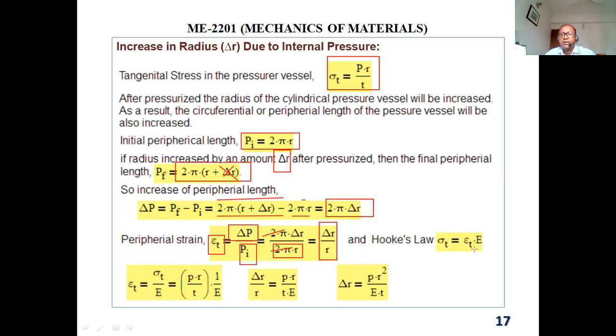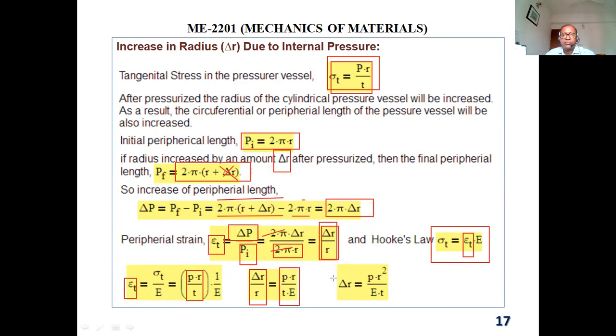Now you apply Hooke's law: sigma T equals epsilon T into E. Now epsilon T equals sigma T by E. And what is sigma T? Right over here: PR by t, into 1 by E. On the left side, you substitute epsilon T with this value, delta R by R. So delta R by R equals this one.